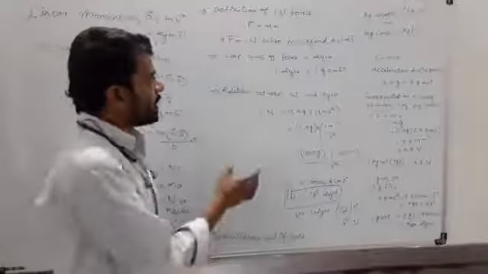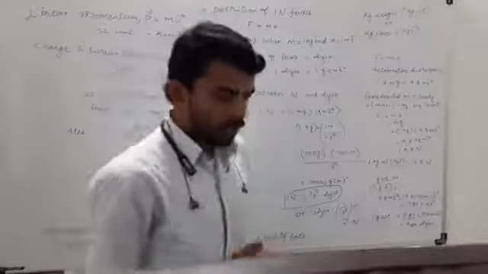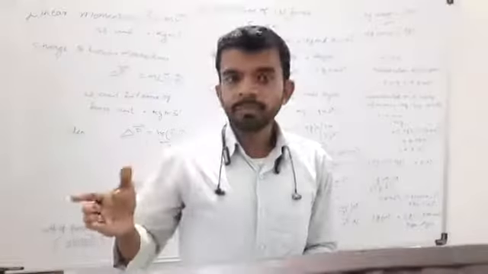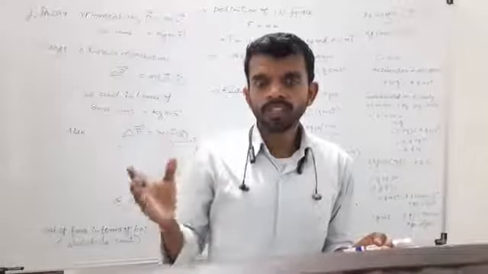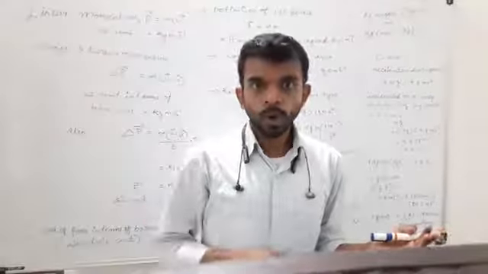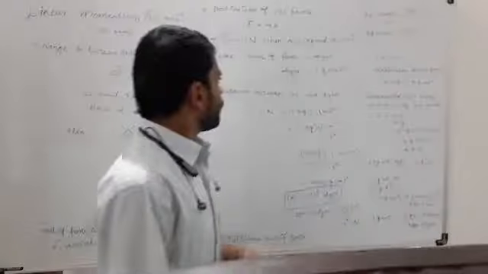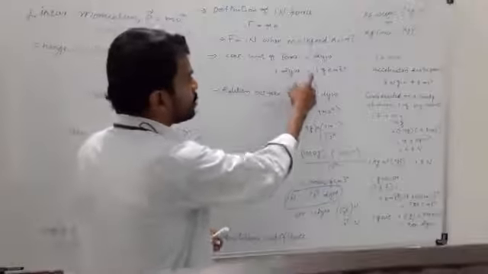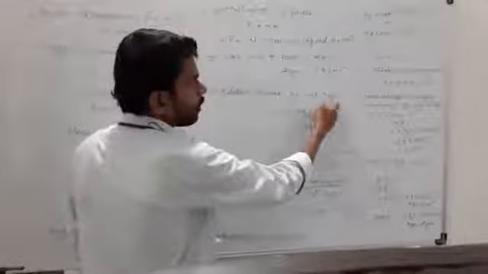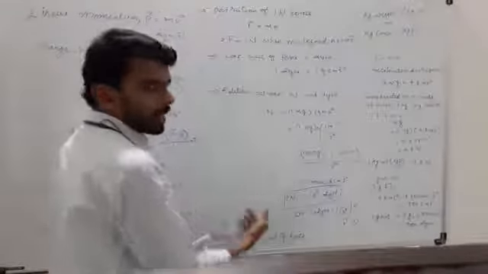Now we are relating, for example, we can relate the centimeter with meter. 100 centimeter is 1 meter, or 1 centimeter is 1 by 100 meter. The same way we are relating, since Newton and dyne are units of force, we can relate it.